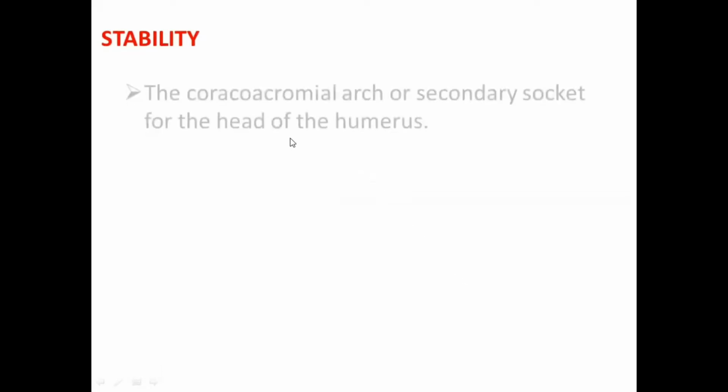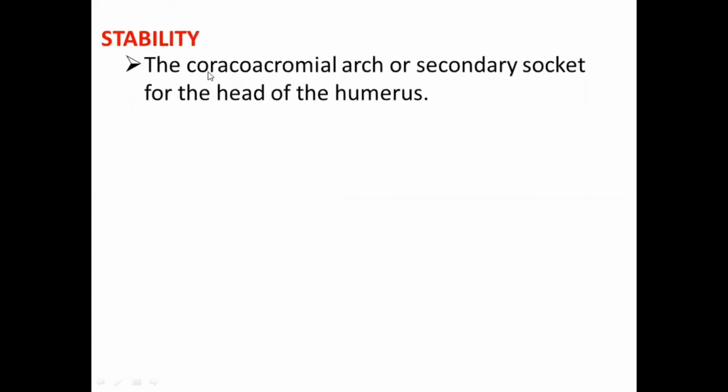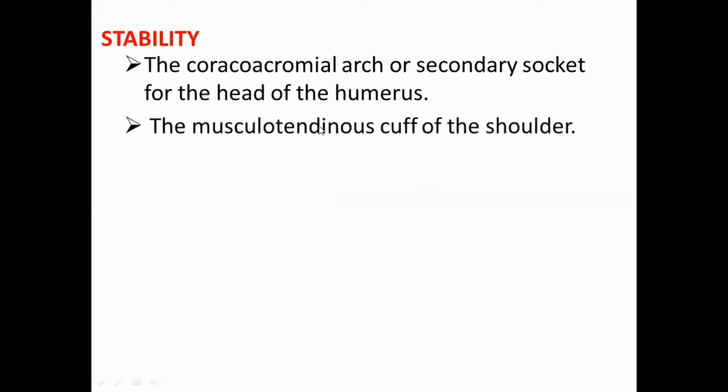Then we will see the stability. The coracoacromial arch, or secondary socket for the head of the humerus, right? Then next one is the musculotendinous cuff of the shoulder. There are the rotator cuff muscles: the teres minor, supraspinatus, infraspinatus, and subscapularis.